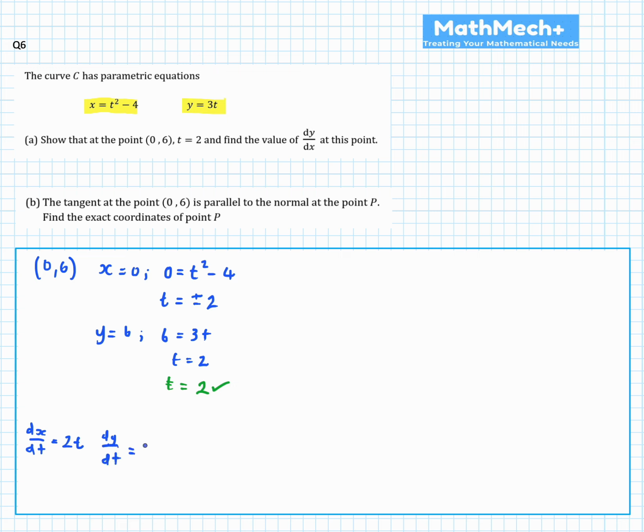That's kind of how this stuff works, and you'll come across tangents and normals, and the chain rule is used quite a lot. So we found our dy over dx is 3 over 2t, and we can now sub in our value for t. So 3 over 4. And that's our gradient.